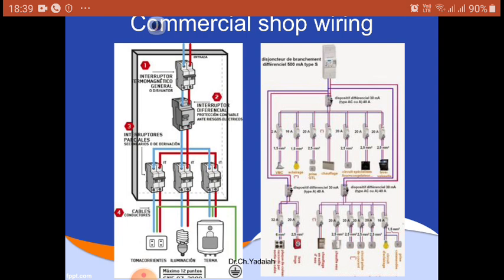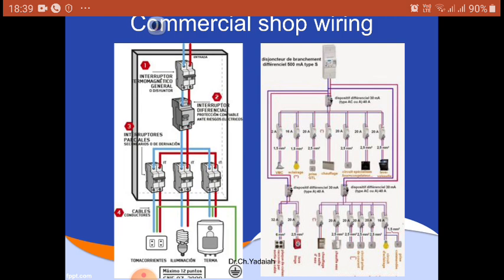From that, it is subdivided into the different sub circuits, and each sub circuit is protected by using MCBs and ELCBs or CCBs. If the load increases further, instead of MCB we are going to use the MCCB, that is the molded case circuit breaker.